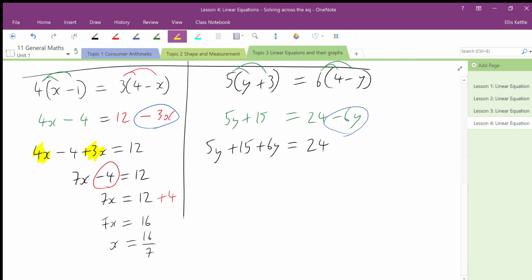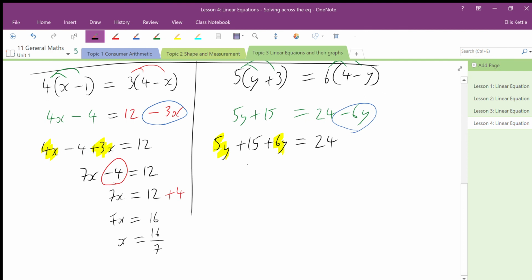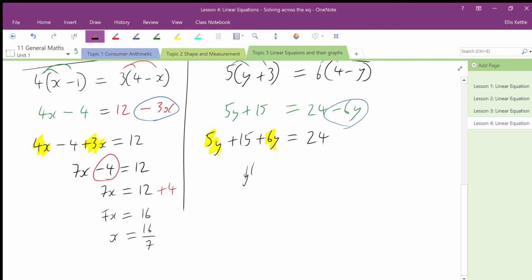Combine up our terms, 5y, 6y, 11y, plus 15 equals 24.